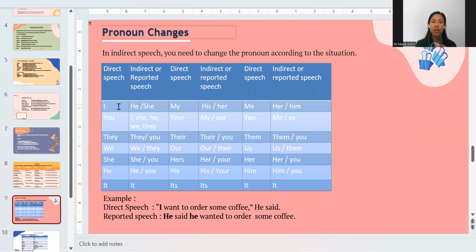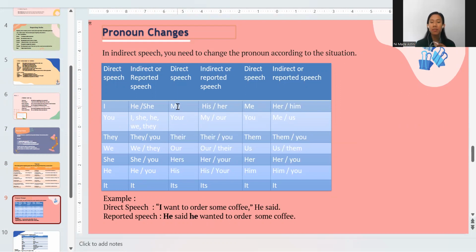For example, I can be changed into she or he, and then you can be changed to I, she, he, they, or we, and then they could be changed to they or you, and then we can be changed to we and they, and then she can be changed to she and you, and then he can be changed to he and you, and then it is also the same.